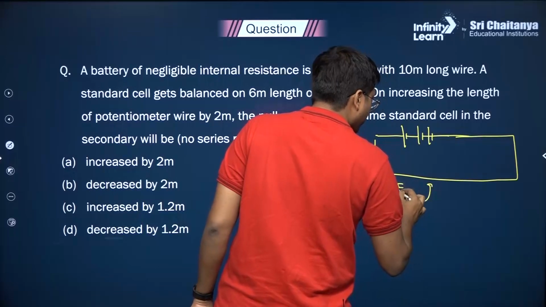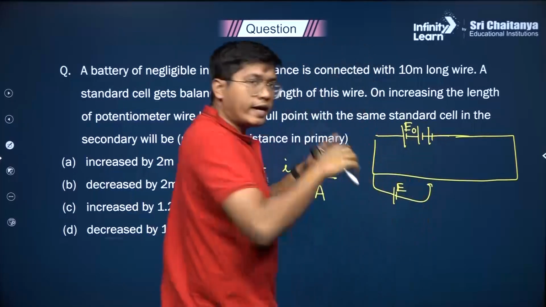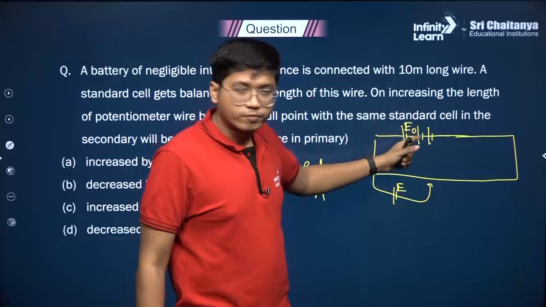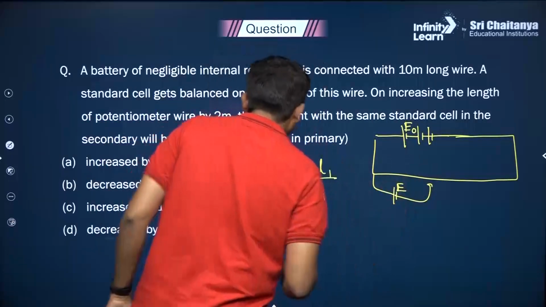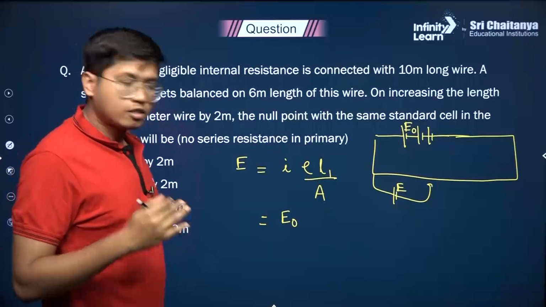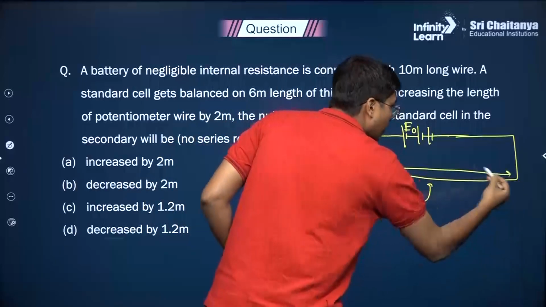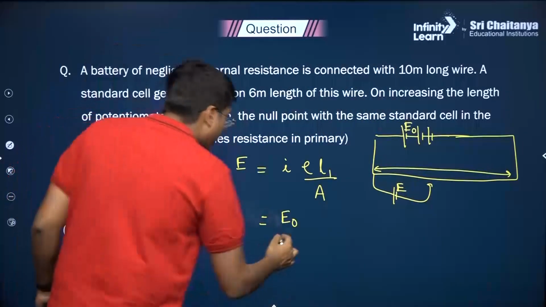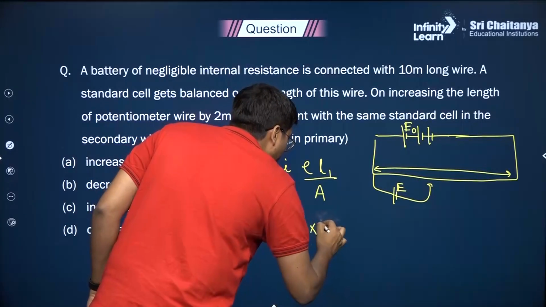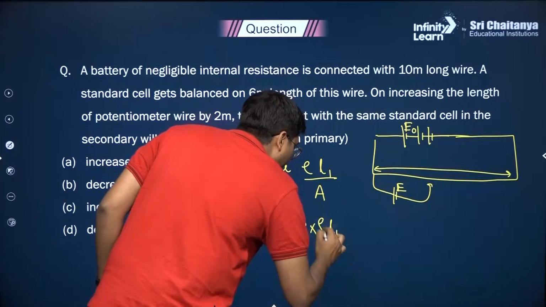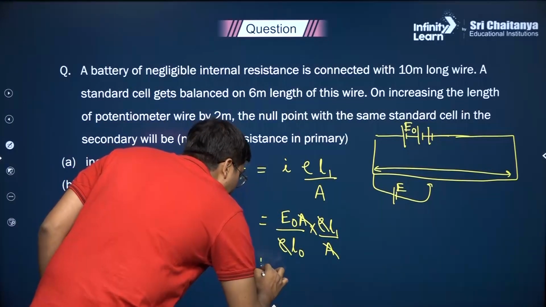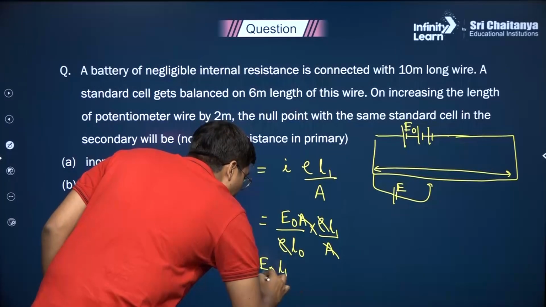This would be your E. And this original battery, which is providing the potential difference across the entire potentiometer wire, has E naught as its EMF. So this I would then be equal to E naught divided by the resistance of this entire length of wire, which would be rho into L naught divided by A, multiplied with rho L1 by A. You can cancel out this rho and A, which makes E equal to E naught into L1 divided by L naught.